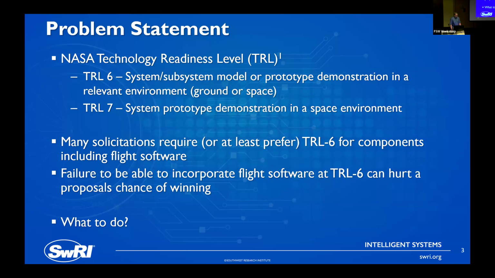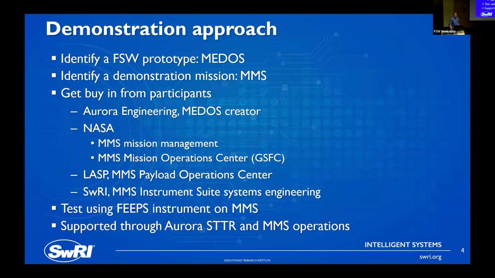There's also TRL 7, which means you've got a system prototype in the space environment. So in this project, we're shooting for TRL level 6, with a later plan to try to get to TRL 7. That was the motivation behind this.